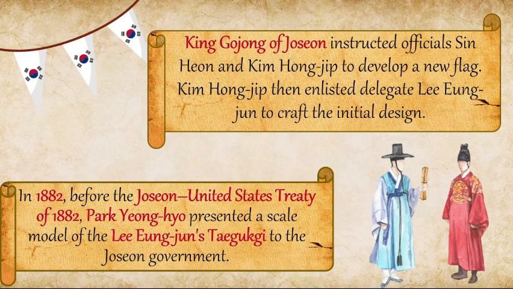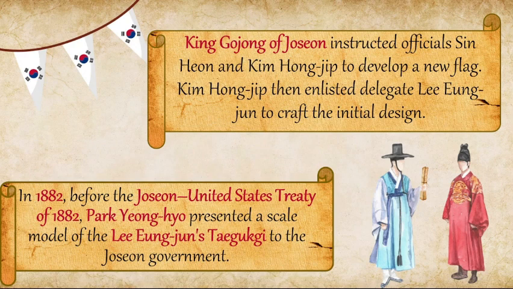So King Kojong of the Joseon dynasty instructed officials Shinhan and Kim Hong-chip to develop a flag for the country.